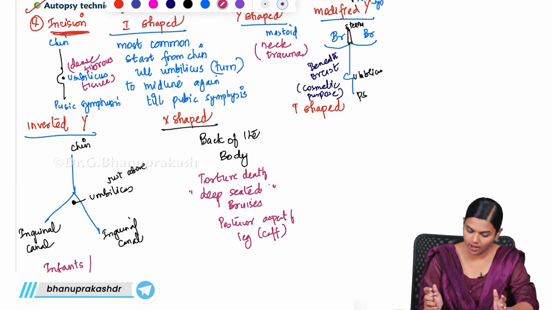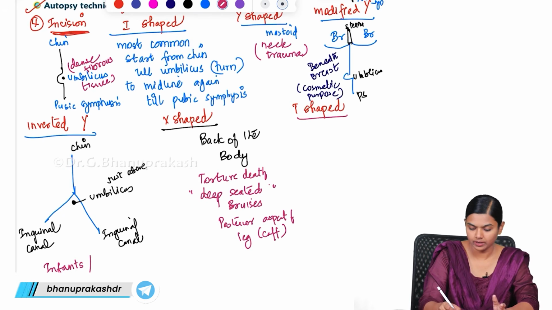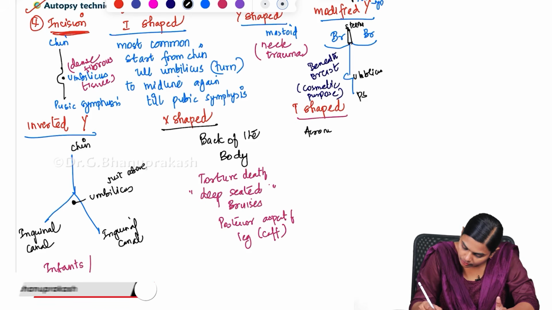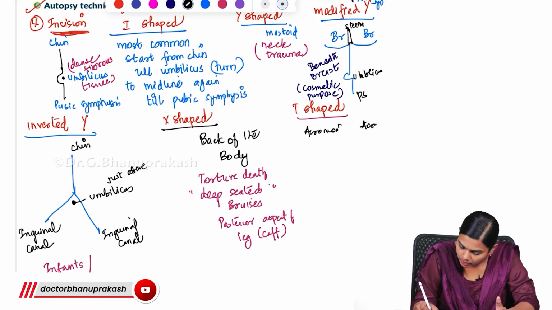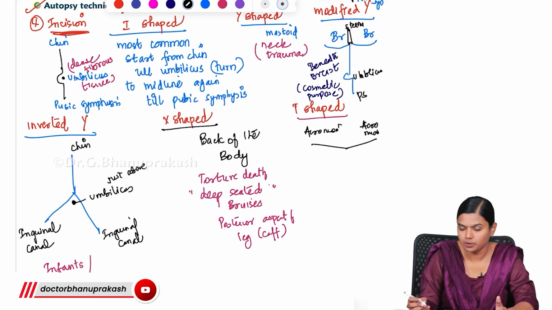Then finally you have the T-shaped incision. Here you will have the acromion on both sides, and from there you will get two limbs and they will converge over the sternum.